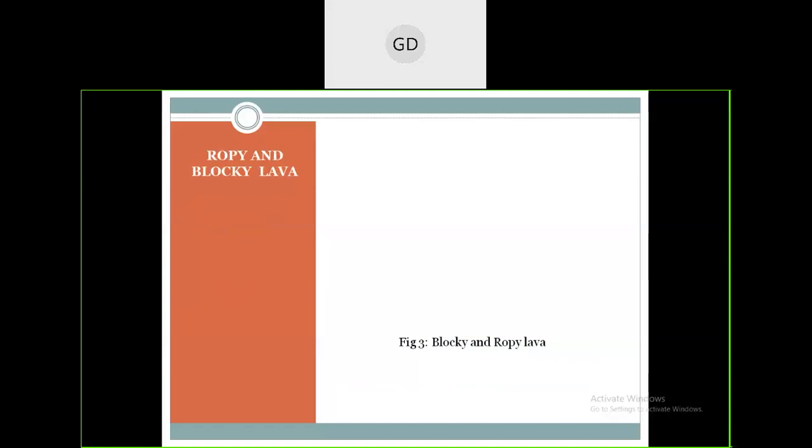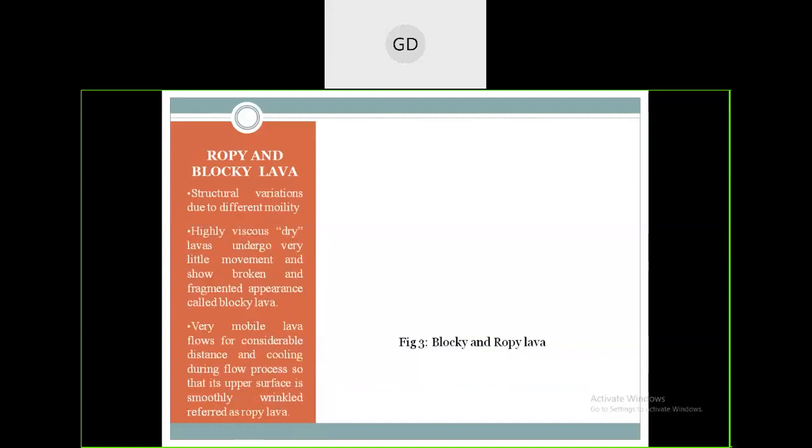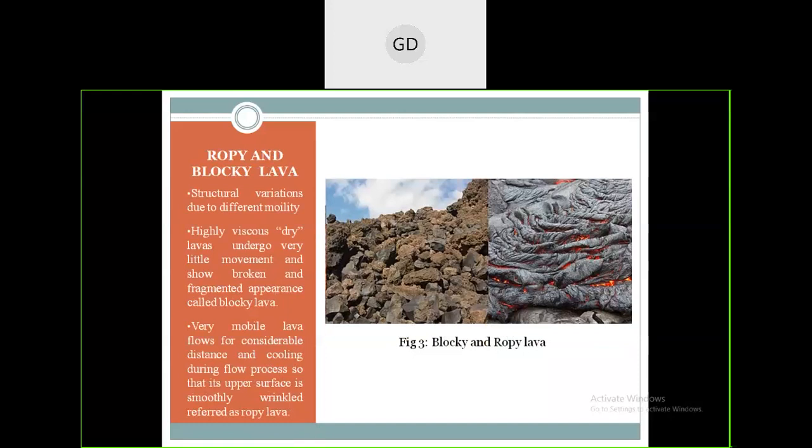Next one is the ropey and blocky lava. Let me show you the picture first. You can see this is ropey and blocky lava. If the lava is very dry, or very highly viscous dry lava, it undergoes very little movement after its eruption. It cannot flow.